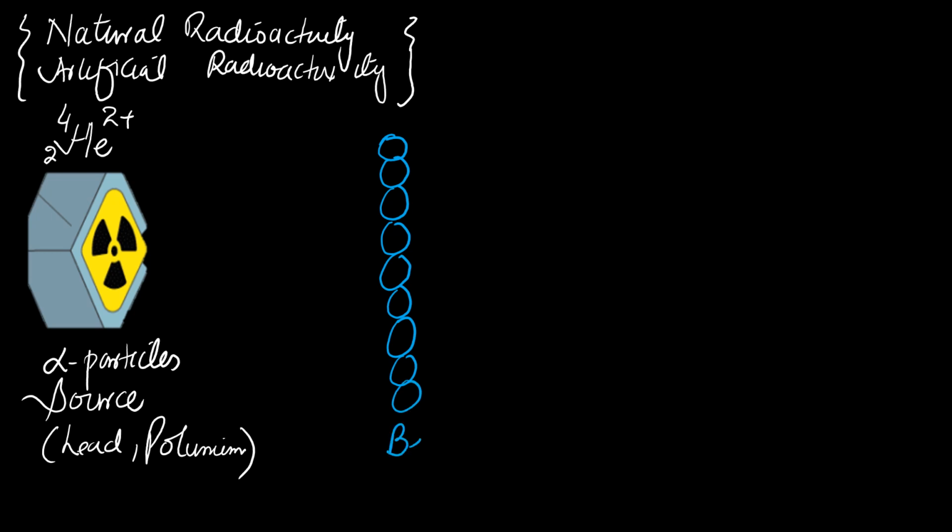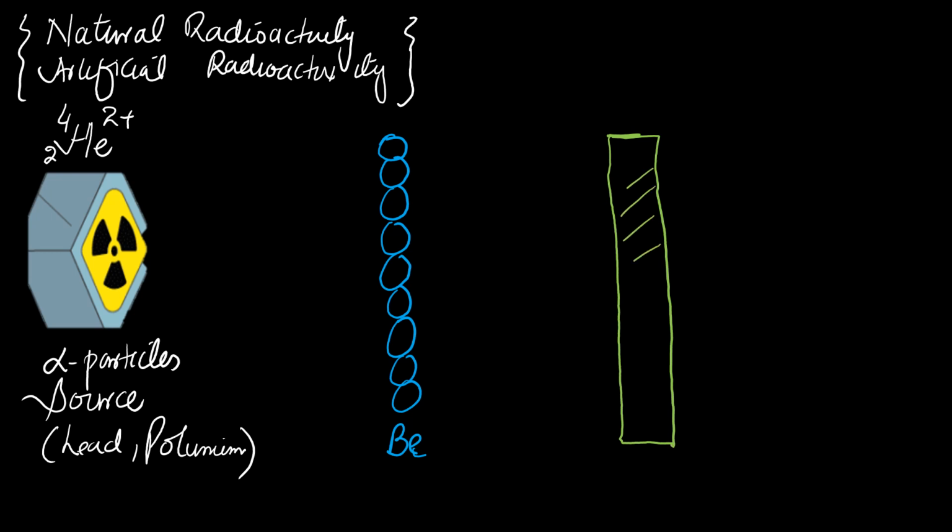On the back of the beryllium foil there was paraffin wax, a material which was proton rich, with more protons.